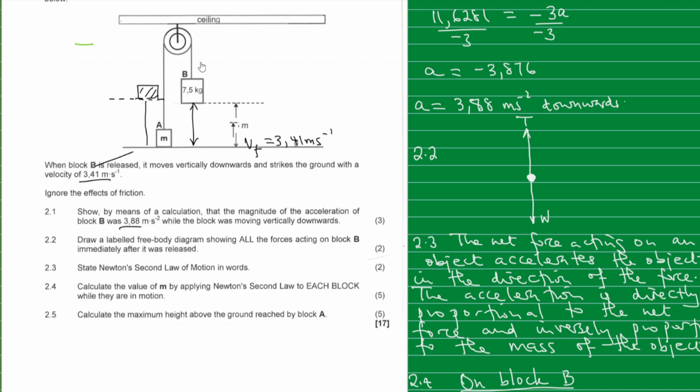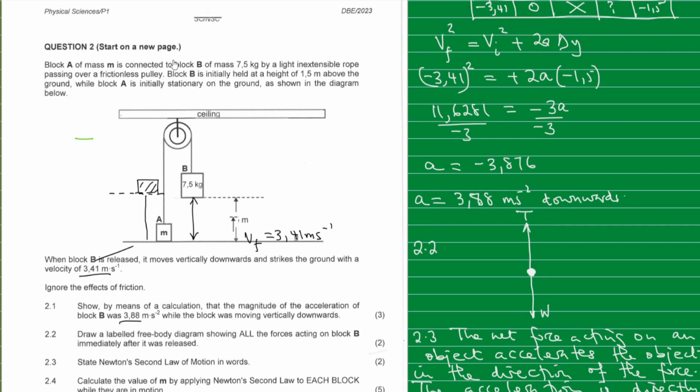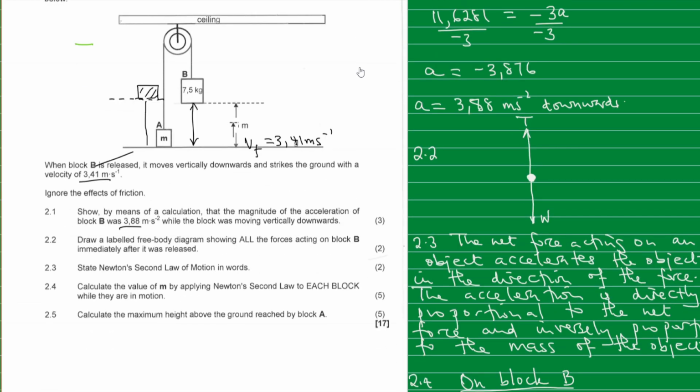You reckon that since they are tied by an inextensible rope, at this particular stage, when block A reaches 1.5, it will also be traveling at a speed of 3.41 meters per second, but upward.